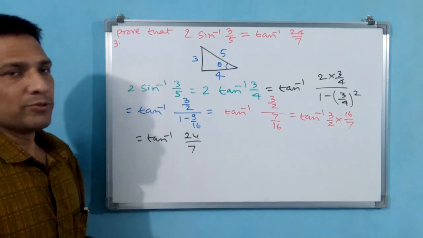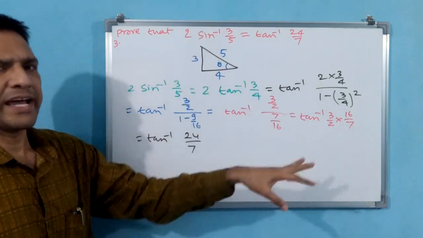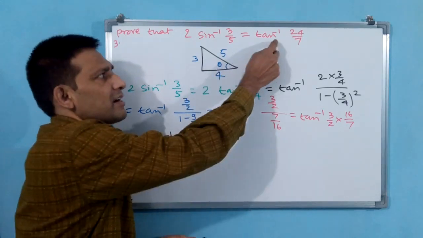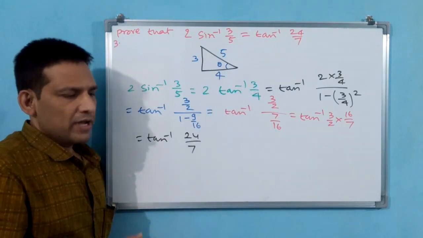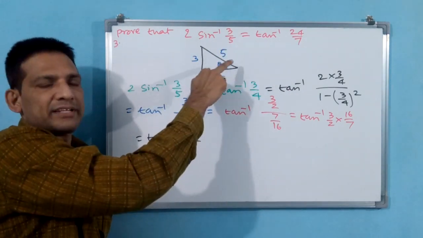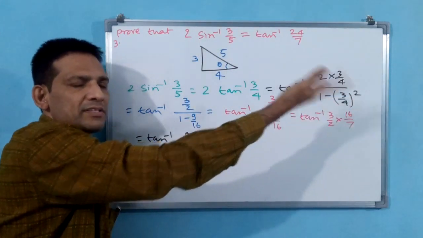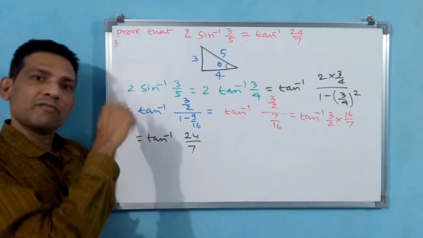How we have converted, you know? With the right angle triangle, sin to tan, cos to tan. See, why are we converting to tan only? Because on the other side tan is there. That is why we have converted to tan. If tan is not there, for example sin inverse 3 by 5 plus cos inverse 3 by 7 is equal to cos inverse or sin inverse of something, at that time also you have to convert into tan only.